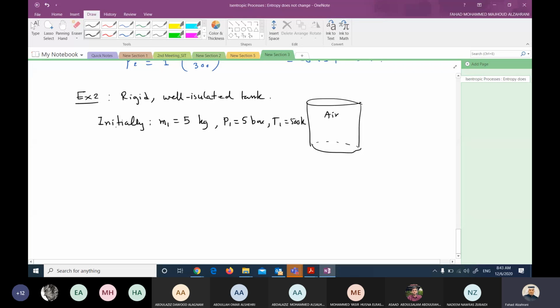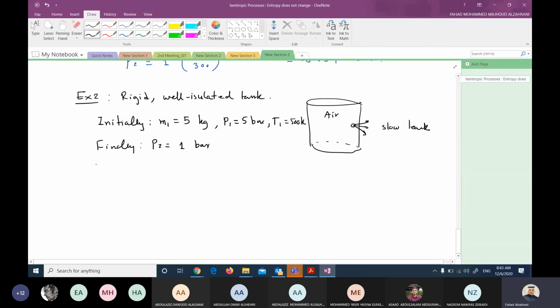What happens is I open a small hole, so air starts leaking slowly, a slow leak from this opening, until the final pressure P2 equals 1 bar. So it was leaking until the final pressure decreased to 1 bar.